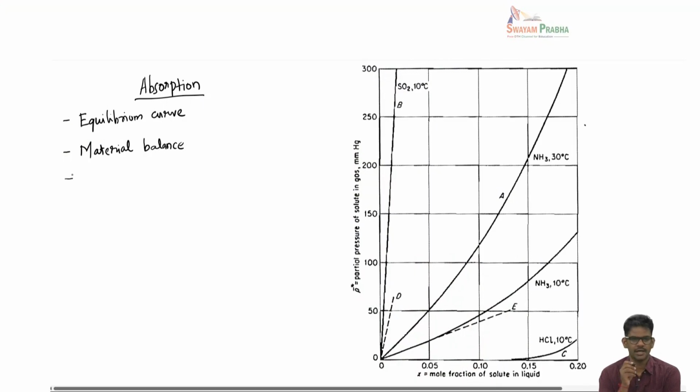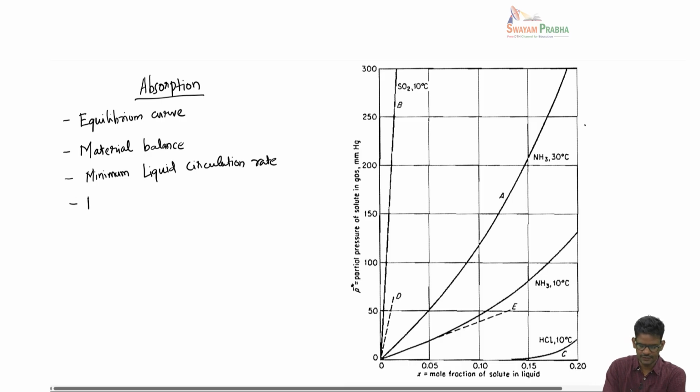So we have done material balance for a generic two-phase system, but now we will apply this material balance for a gas liquid operation in the context of absorber and stripper. And thirdly, we will specifically discuss about something called minimum liquid circulation rate. And finally, we will do an example problem.